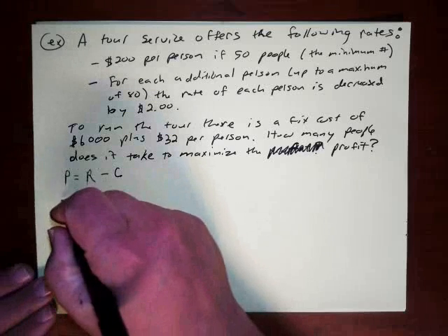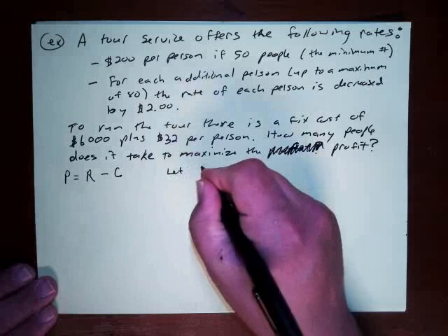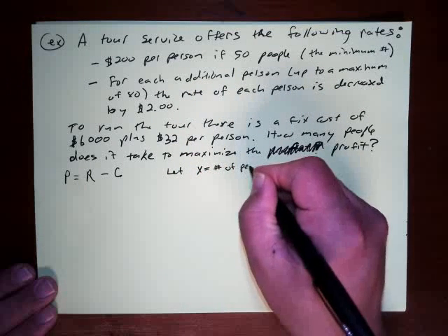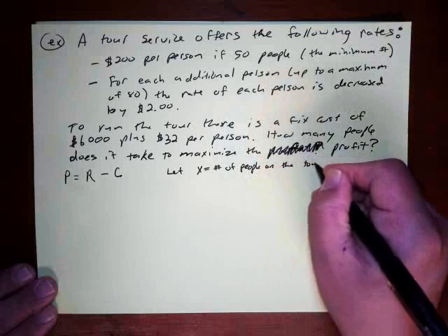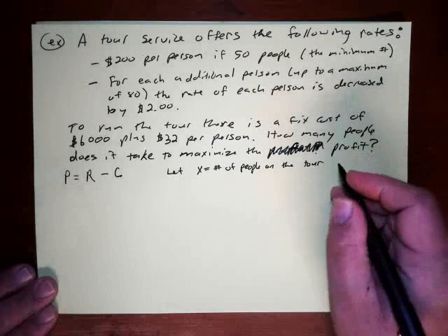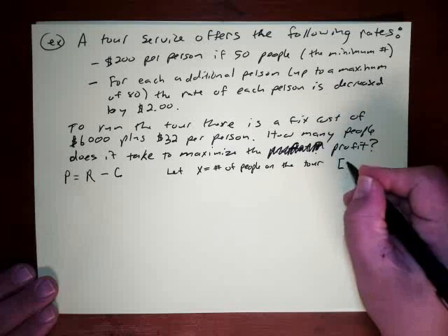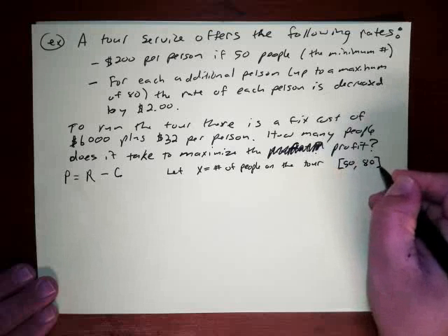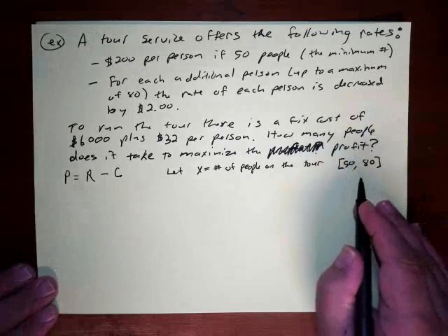And to do this, we're going to let x equal the number of people on the tour. And notice here, the minimum is 50, and the maximum is 80. So this is the range.